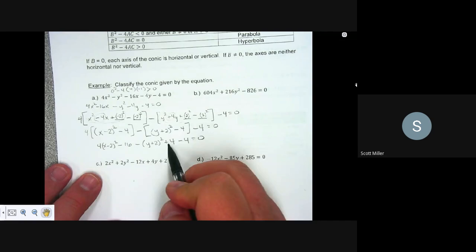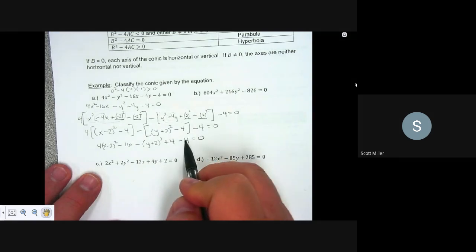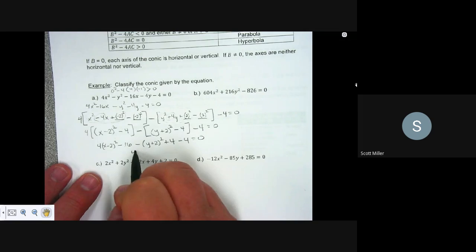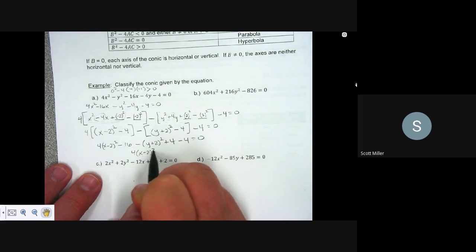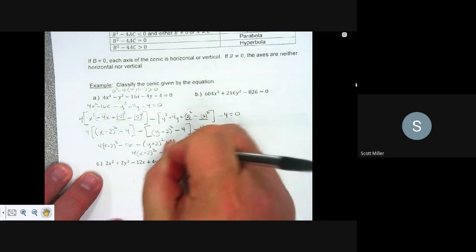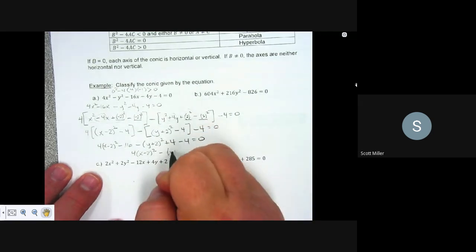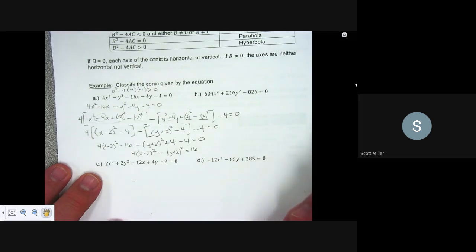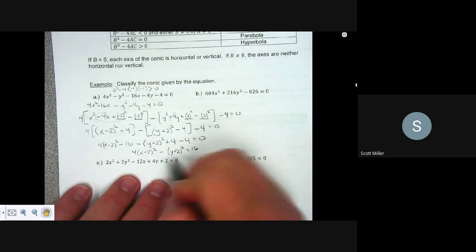So what you notice is that these 2 4s will drop out. This 16 I'm going to move over there. So now we have 4 times x minus 2 squared minus y plus 2 squared equals 16. So we have one more step to do, and that's to divide everything by 16.